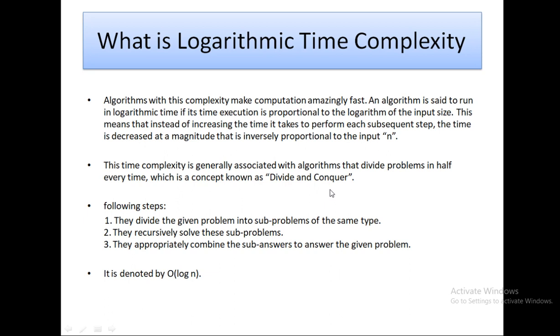I believe you must have heard this word before, divide and conquer, like divide and rule. As I have told earlier, this type of algorithm takes your problem, divides it into multiple parts, finds the correct part, and then applies the rest of the algorithm on it to find the correct output.